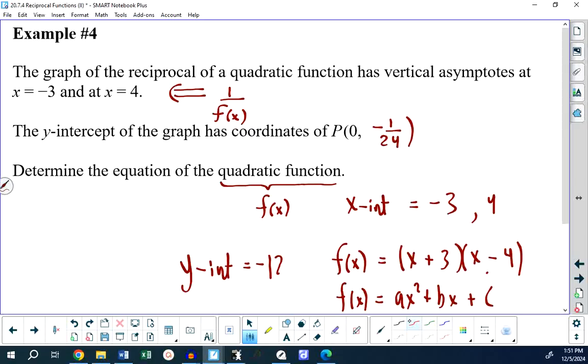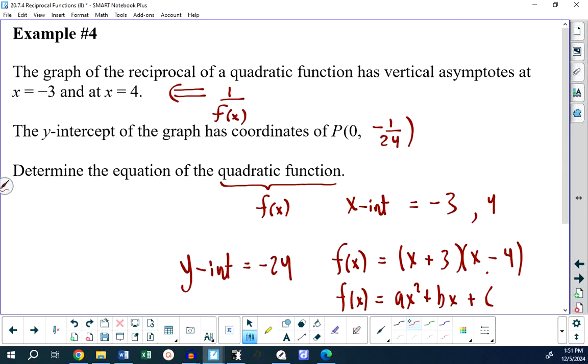Then this can't be the function. It can't be. Because the reciprocal of our y-intercept has to give negative 1 over 24. Well, if you work backwards, if negative 1 over 24 is the reciprocal of the original y-intercept, the original y-intercept needs to be negative 24, doesn't it?